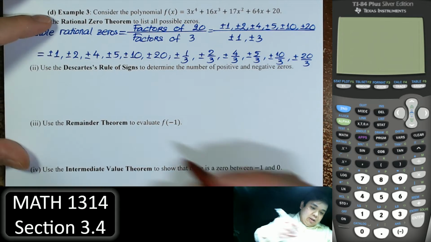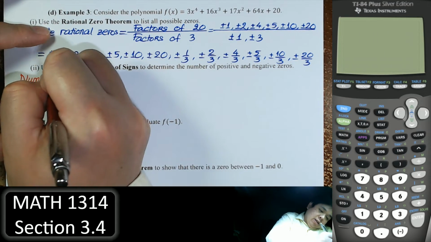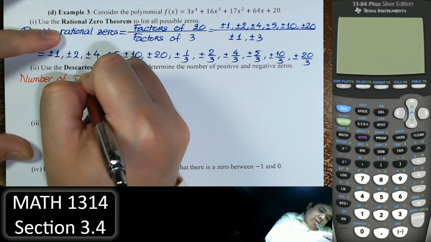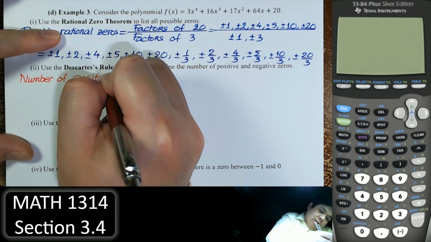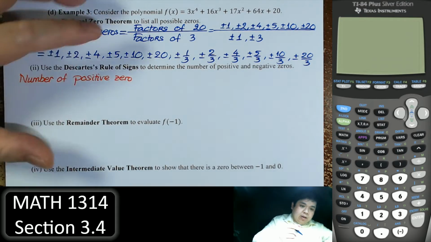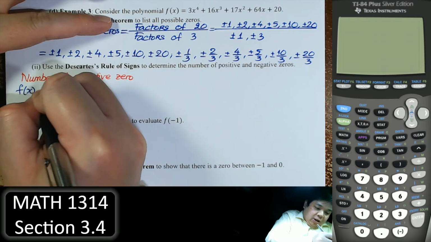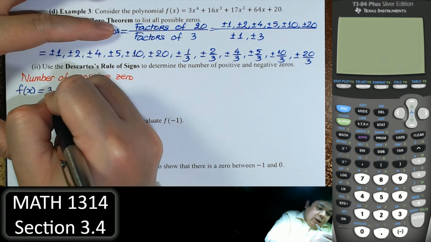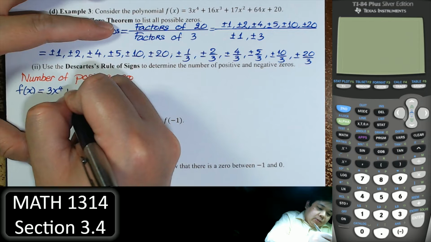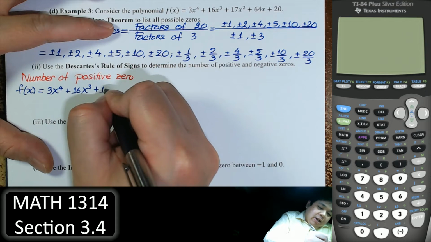Now use Cauchy's rule to determine the number of positive and negative zeros. So, number of positive zeros. We write the function: 3x to the 4th, 16x cubed, 17x squared.